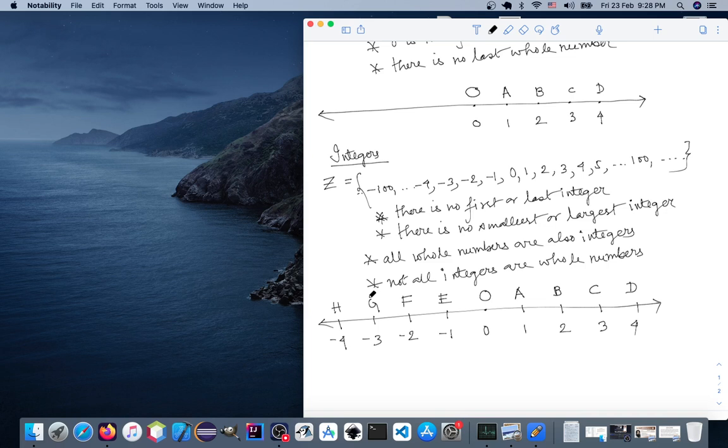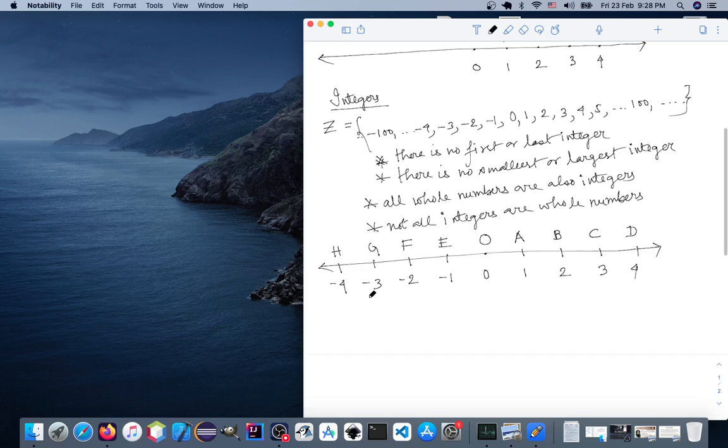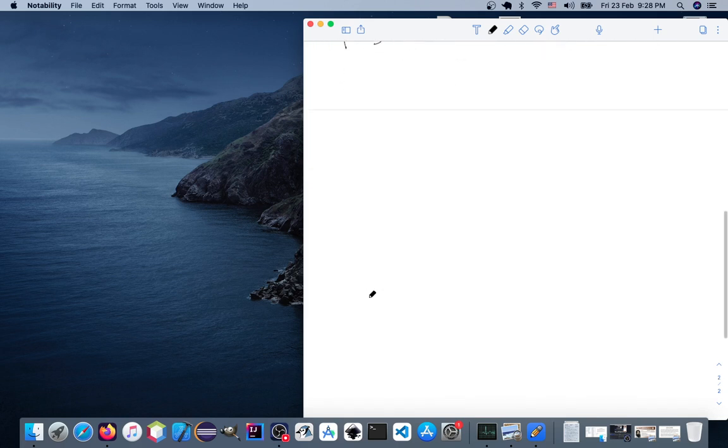These numbers are definitely not integers, meaning they are not negative integers, they are not natural numbers, they are not whole numbers. These numbers are actually rational numbers, which we will now discuss. So now we see what rational numbers are.